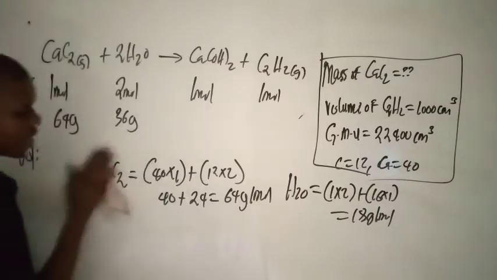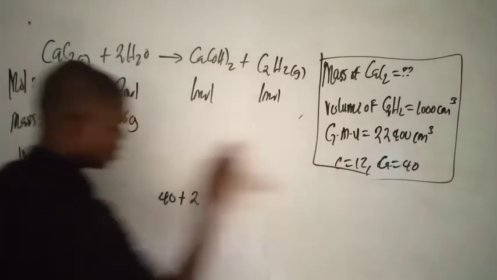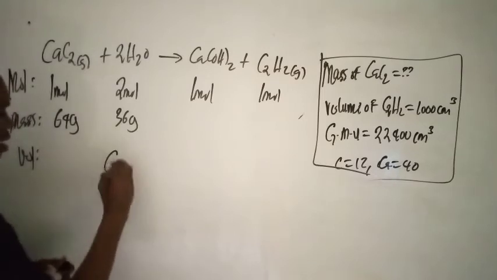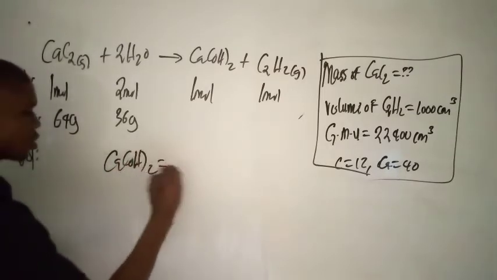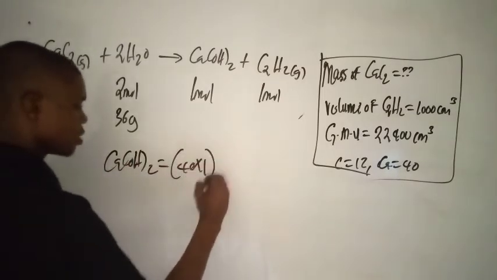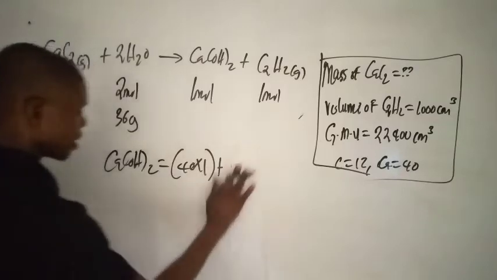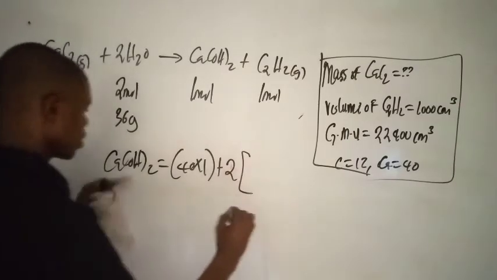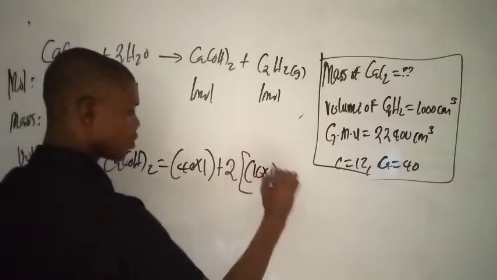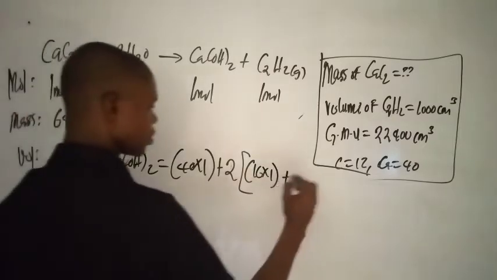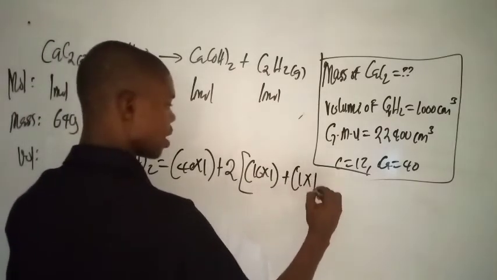What about calcium hydroxide? Calcium hydroxide is Ca(OH)2, which is 40 times 1 plus, remember the 2 is affecting everything here, 16 times 1 plus 1 times 1.